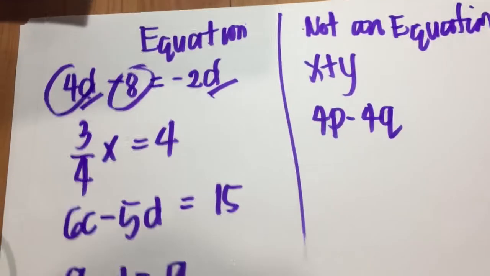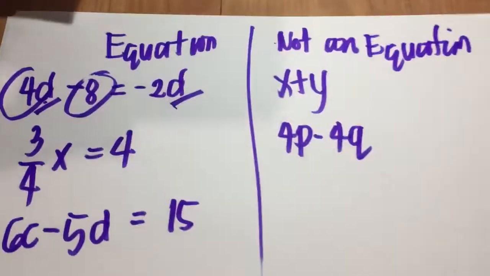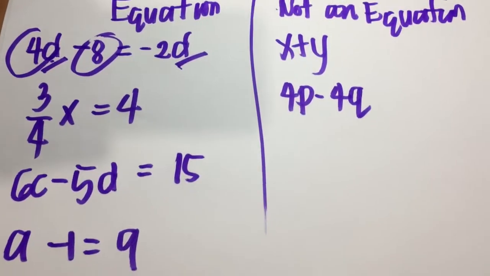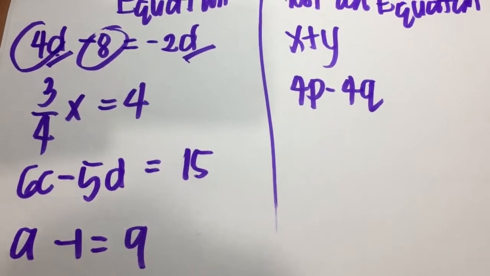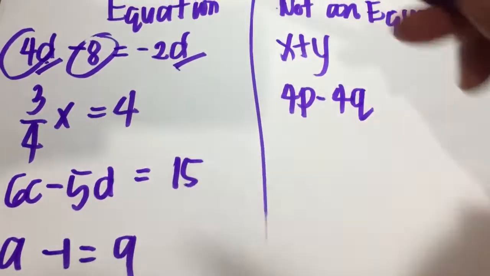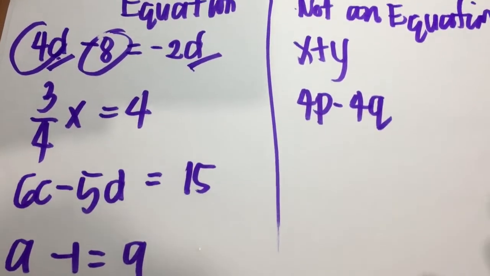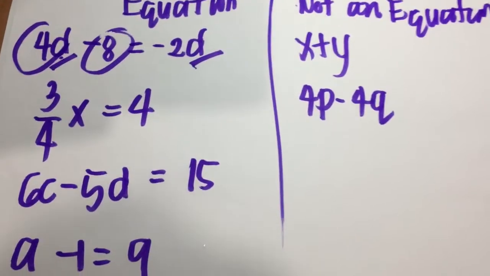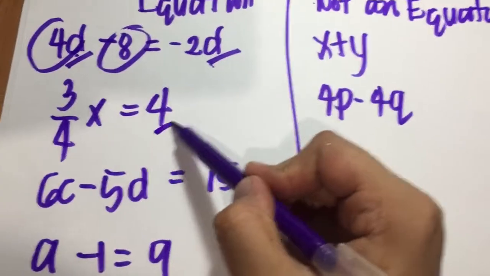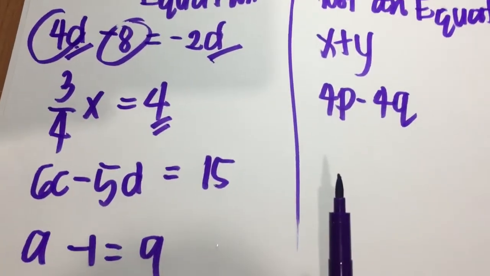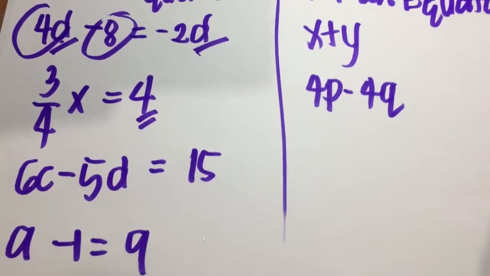So as you can see, we can now identify the difference between an equation and not an equation. Again, let me repeat. An equation contains a variable which can be represented by any letter in the alphabet from A to Z. An equation also has a constant which is a fixed value, so meaning it doesn't change.